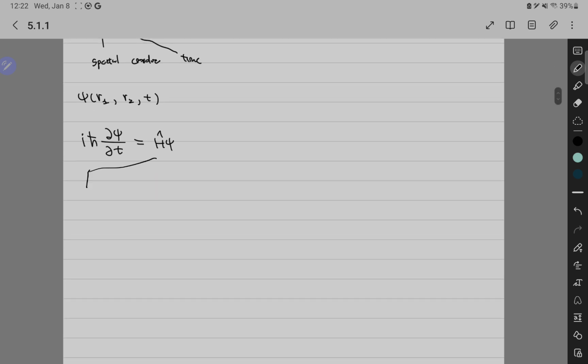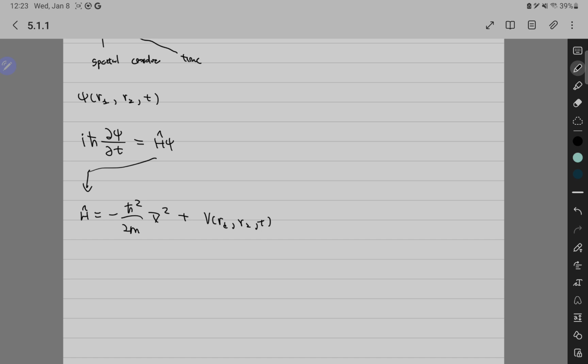And the Hamiltonian here is going to be negative h-bar squared over 2m, Laplacian, plus V. Because remember, the Hamiltonian refers to the total energy.